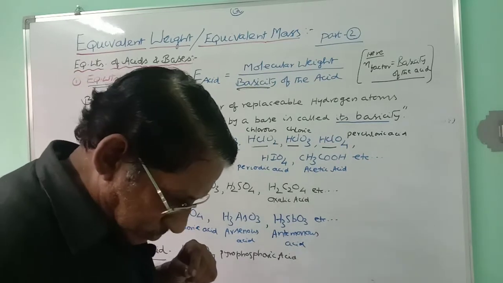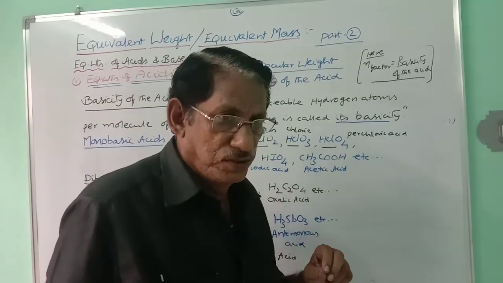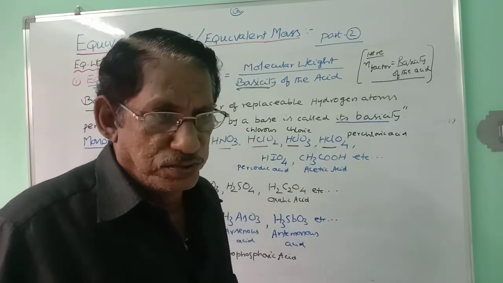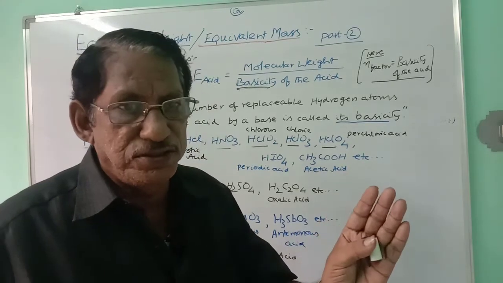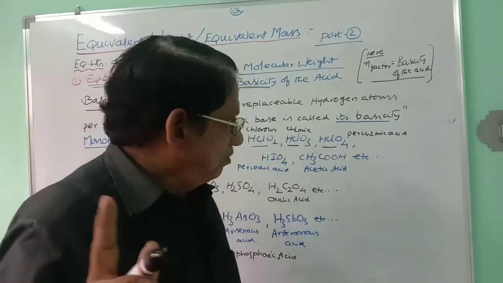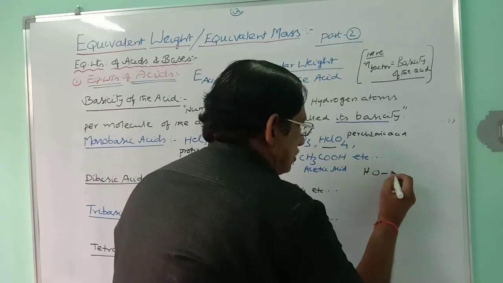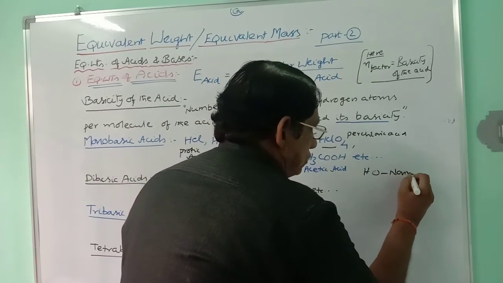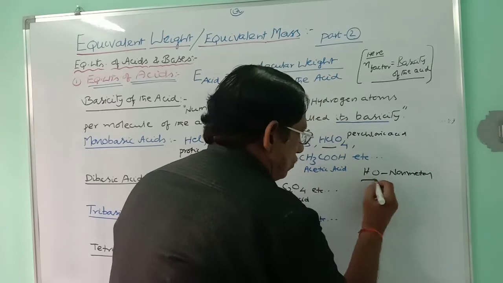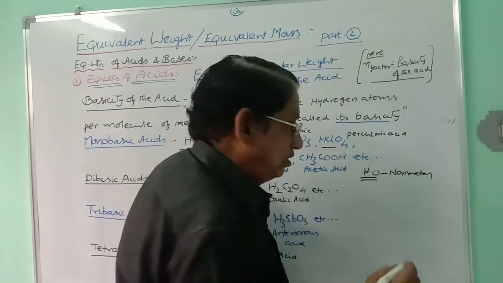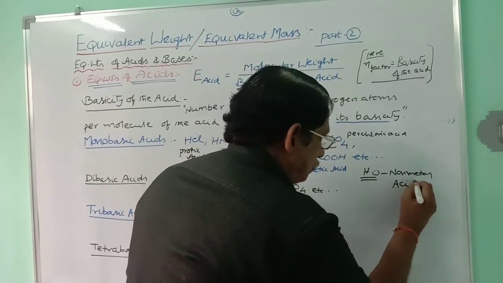And here, at this junction, I want to remind you the difference between protic acid and oxy acid. Remember clearly here, whenever OH group is attached to a non-metal, generally it is an acid.